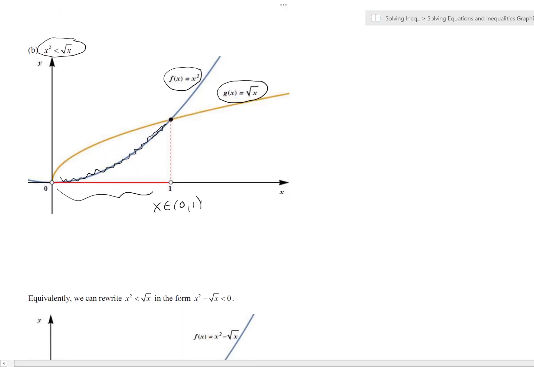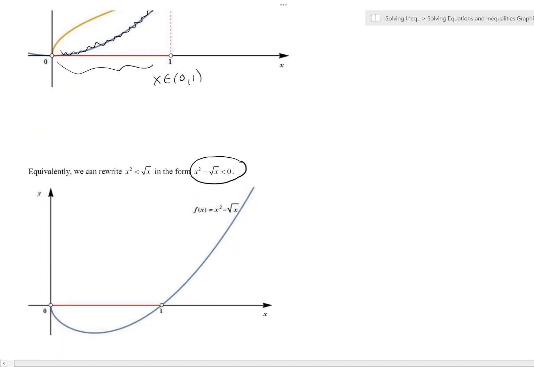Equivalently, if we chose to bring everything to one side, like we did previously, x squared minus root x all on the left side, by subtracting the root x on both sides of the inequality, the solution set to the original inequality, x squared less than root x, is going to be the same solution set to figuring out where this function x squared minus root x is less than 0, or negative.